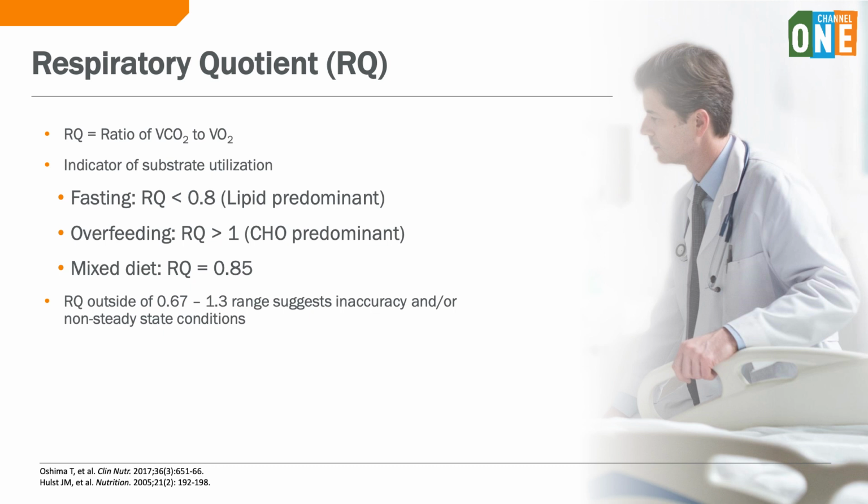RQs greater than 1 may indicate lipogenesis or overfeeding. Values outside 0.6 to 1.3 are often considered physiologically implausible, or may reflect technical errors or non-steady state conditions. RQ alone should not be used to determine the metabolic state of an individual, but can be one data point to confirm suspected nutrient utilization in the context of measured resting energy expenditure.